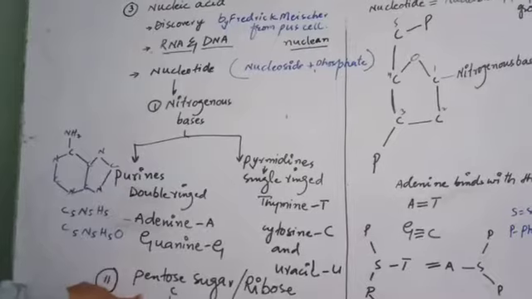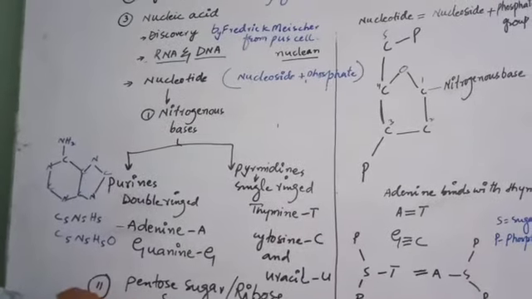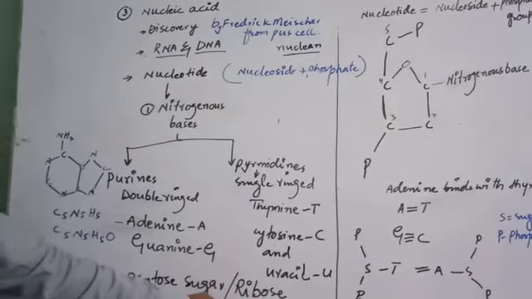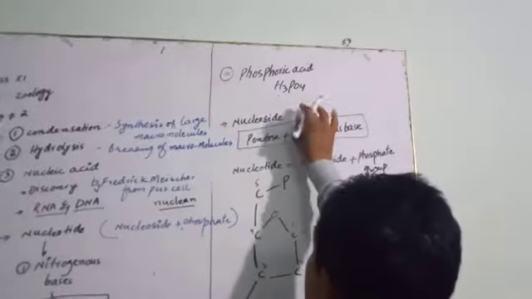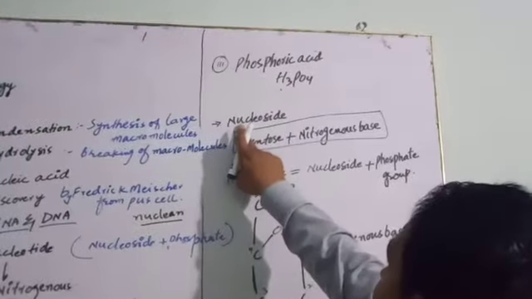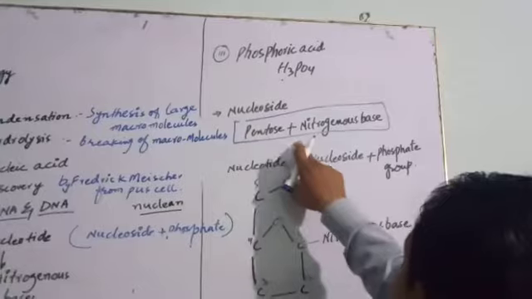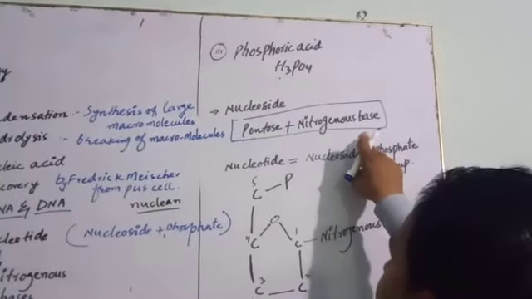Second is pentose sugar or ribose sugar, C5H10O5. Then we have phosphoric acid.